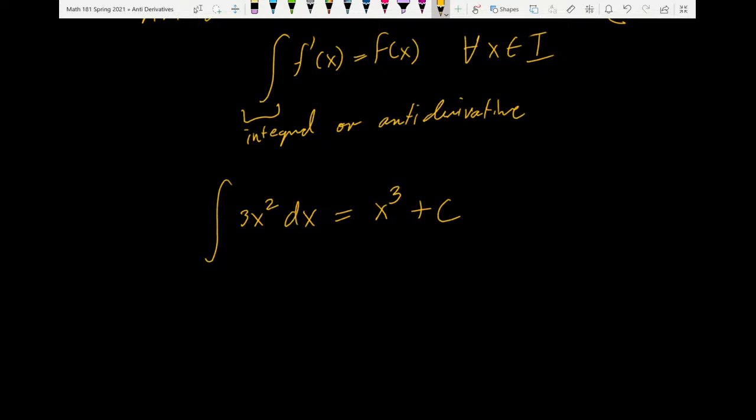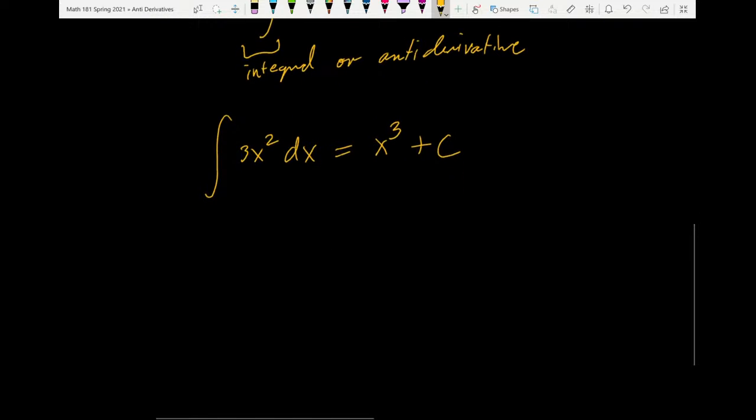But what is the formula though? So here's the basic antiderivative formula.